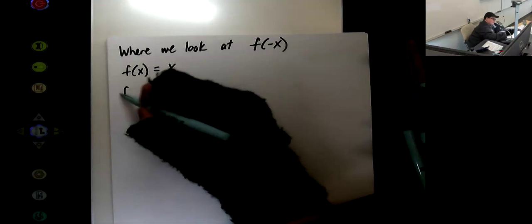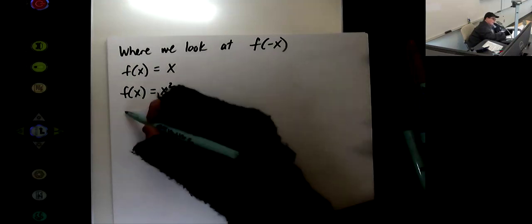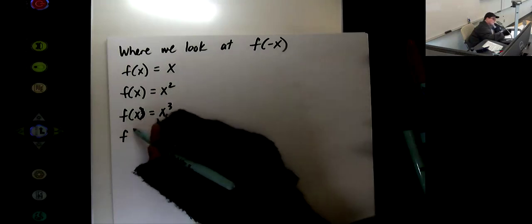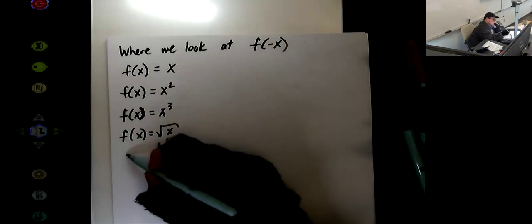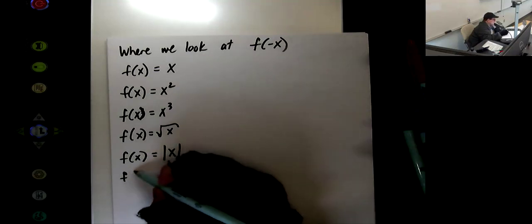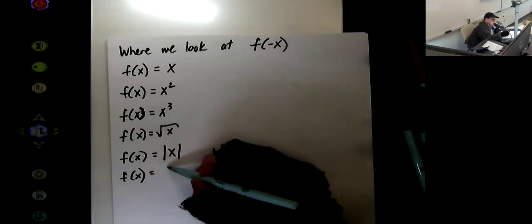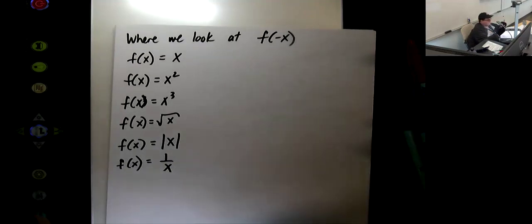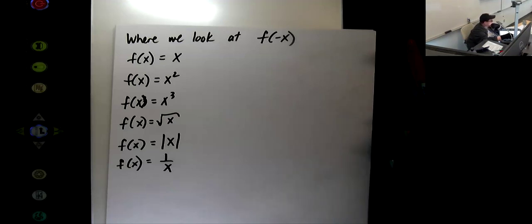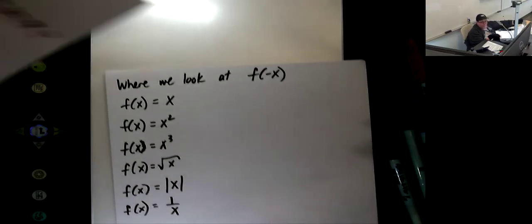So I'm gonna write down the 6 basic functions we did today, and we're gonna look at what happens if I stick in negative x. Before I do that though, maybe I should talk about domain and range on this one.